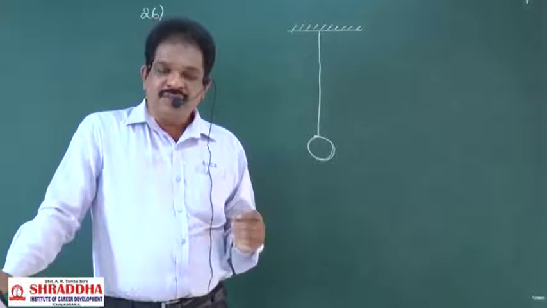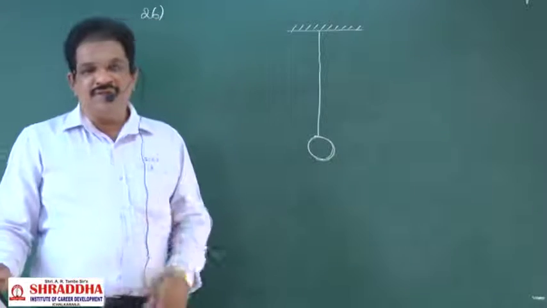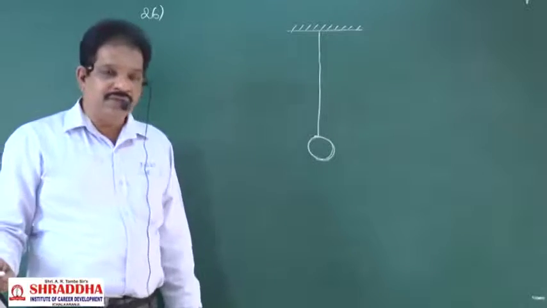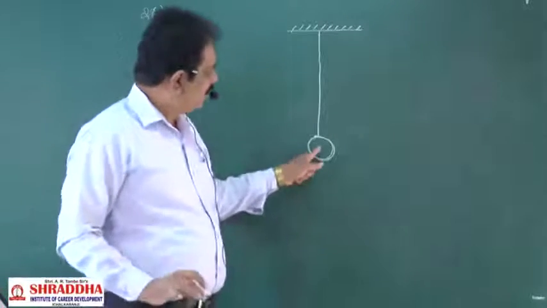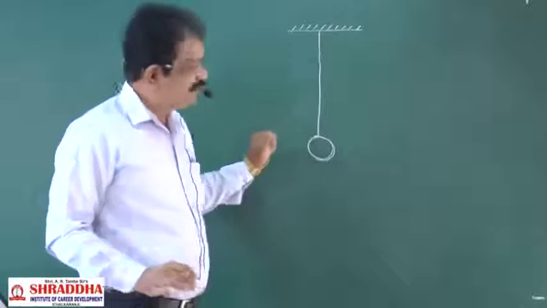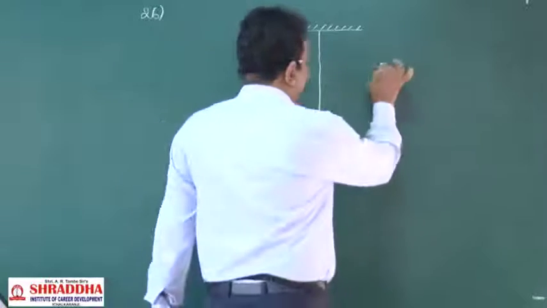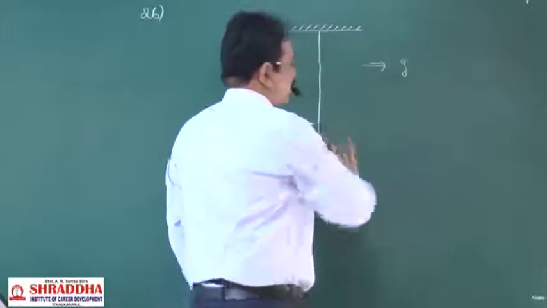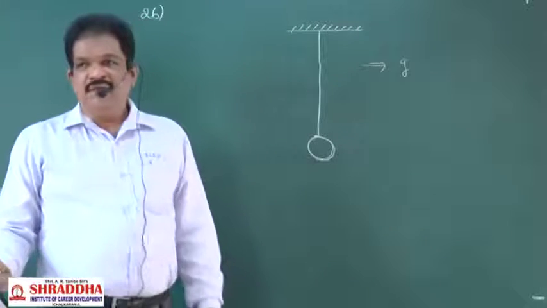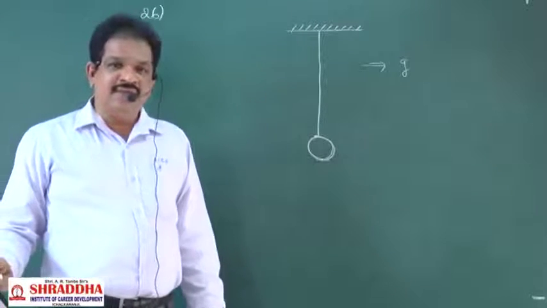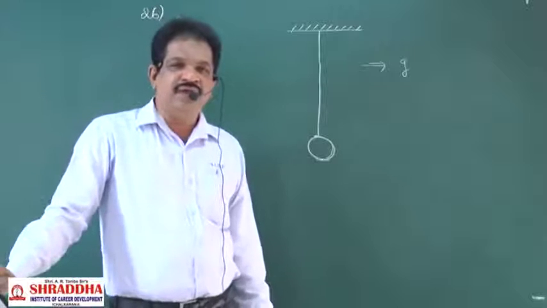Then what is the use of that simple pendulum? Using this small setup, we can find acceleration due to gravity at any place. In Ichalkaranji, what is the acceleration due to gravity?